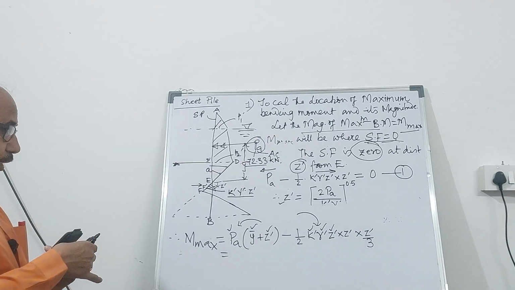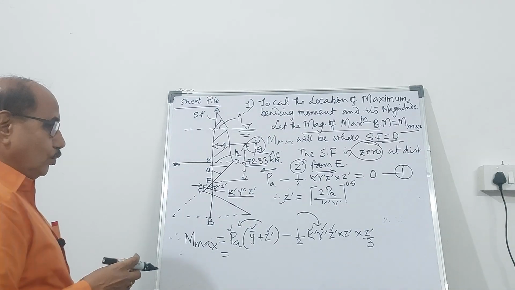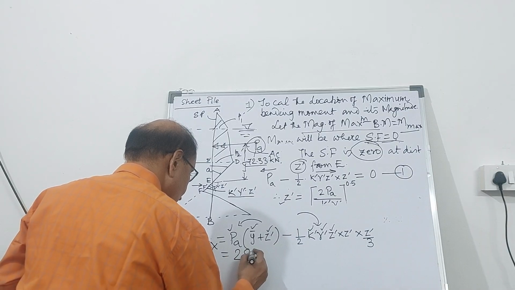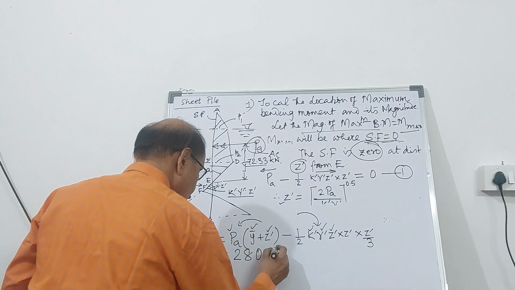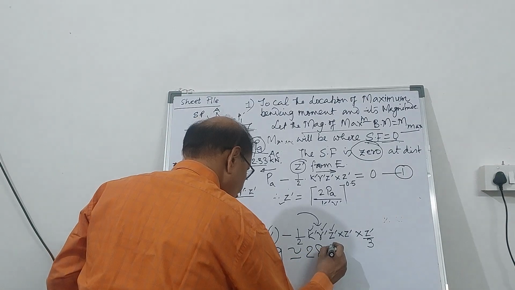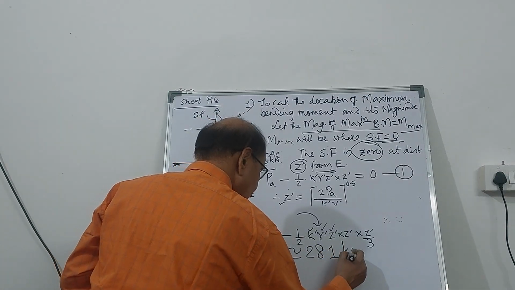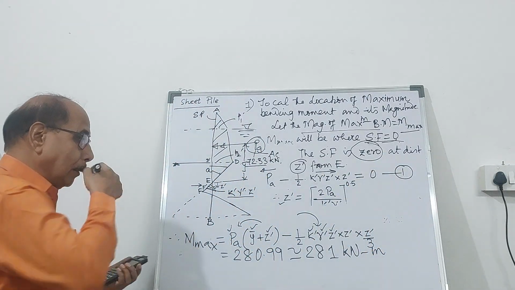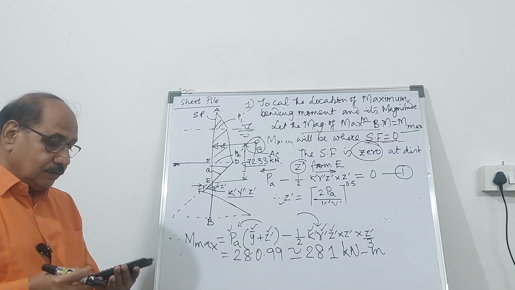This comes out to be 280.99, or approximately you can say 281 kilonewton meter per meter length of the sheet pile wall.